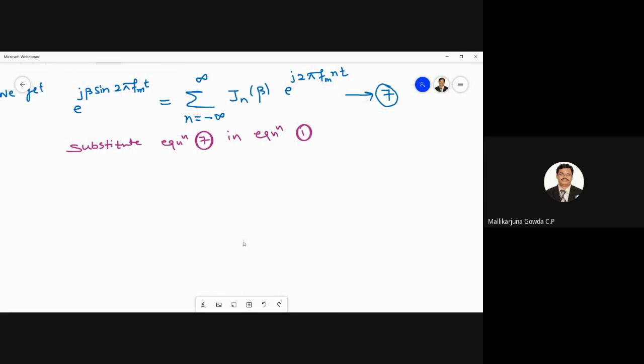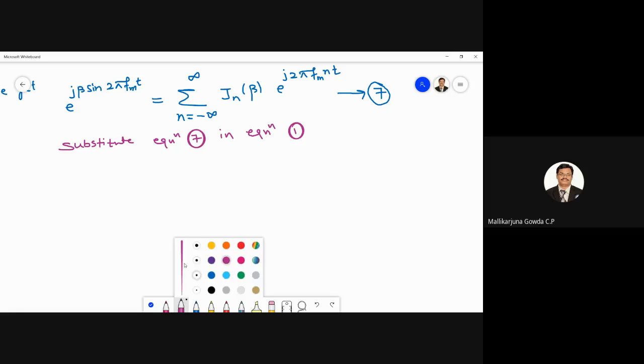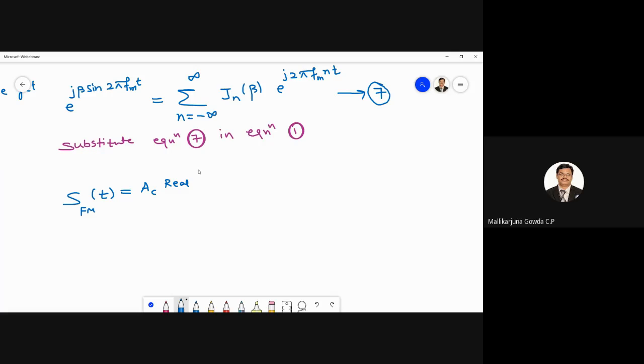So what do we get? What can you write for the expression of s FM of t? Ac, real part. The first term is e power j 2 pi fc t, so we write it as it is.